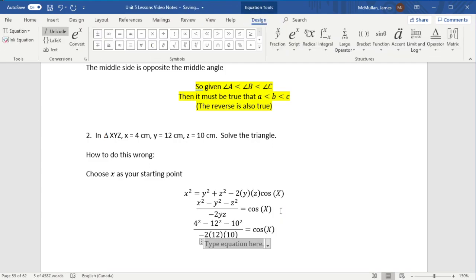And we get 16 minus 244, negative 228, divided by negative 240 equals cos x. So x equals inverse cos of 228 over 240.